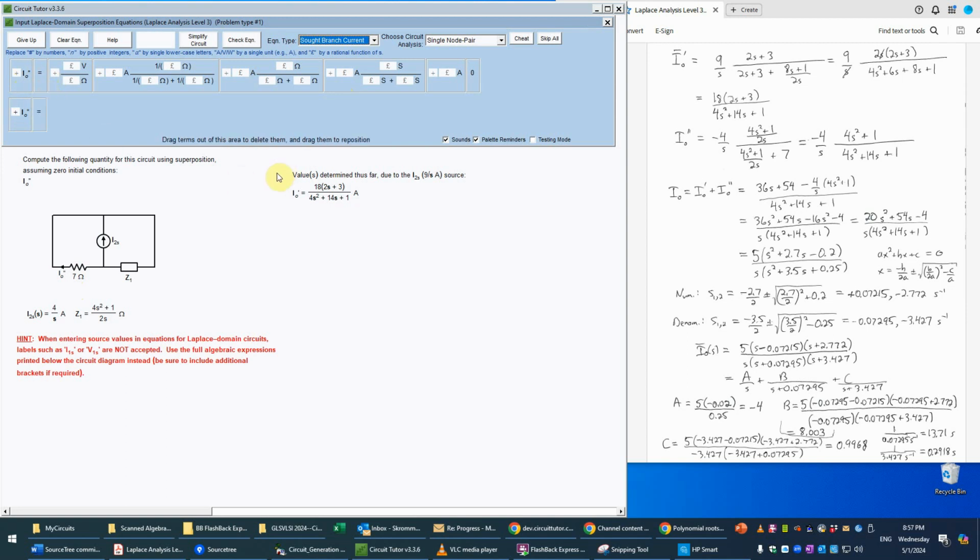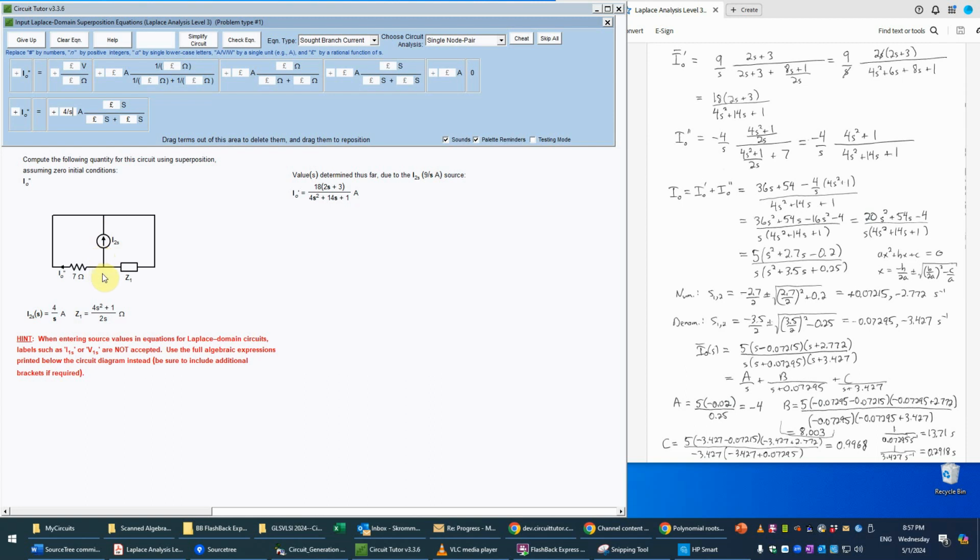And well, maybe for sake of argument, I'll use a different term type this time just to illustrate. We could use the same type, but maybe I'll just do it a different way. So now we need to put in the current value of the source, which is the 4 over S in this case. And we also, once again, always need to check polarity.